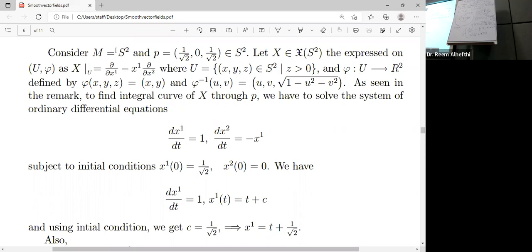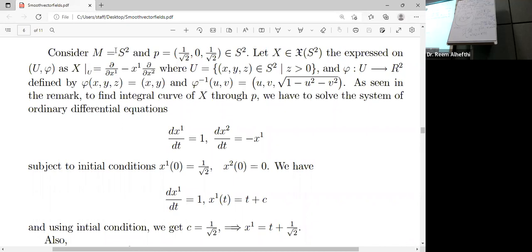And therefore the inverse of that is given by this. Then you see that the system of differential equations is, because it is two-dimensional, dx1/dt will be 1, and dx2/dt will be minus x1.